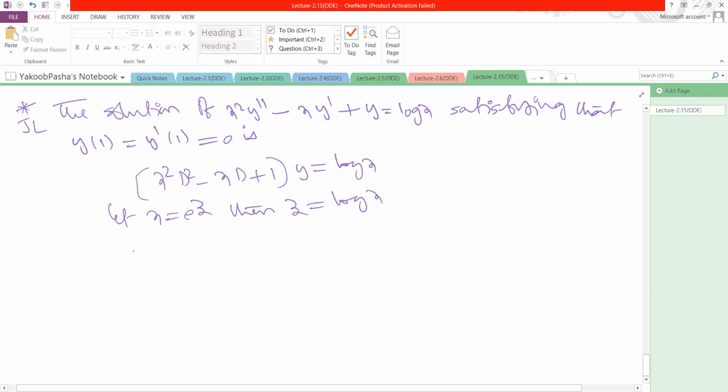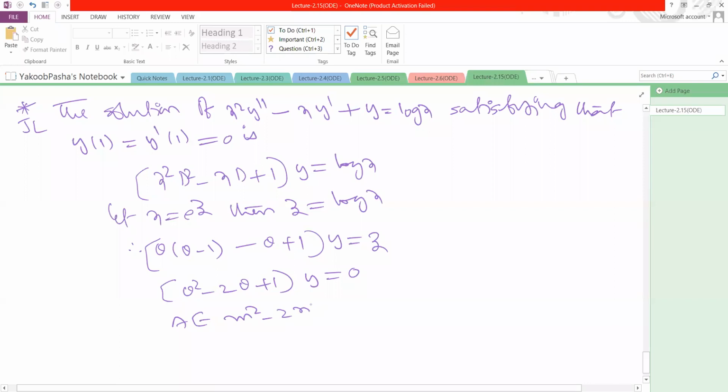Substituting here, we get x square d square value theta into theta minus 1, x into d value theta, plus 1 into y is equal to log x. Log x is equal to z. So here it is theta square minus 2 theta plus 1 into y is equal to z. The corresponding auxiliary equation is m square minus 2m plus 1 is equal to 0.